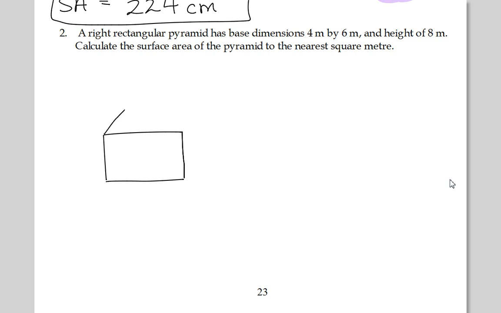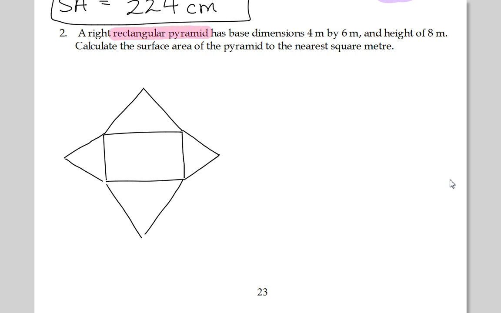So you'll have a triangle on that end, which is equivalent to the triangle on this end. And then you'll have a triangle on this end that's equivalent to the triangle on this end. It's a rectangular based pyramid. So make sure that you read carefully as you go through your math.